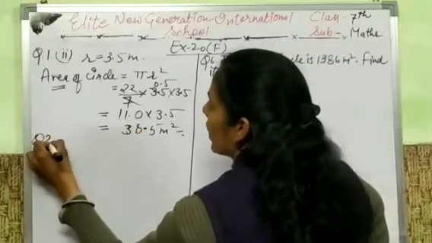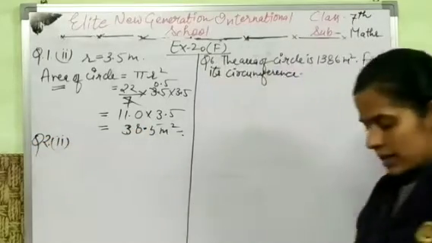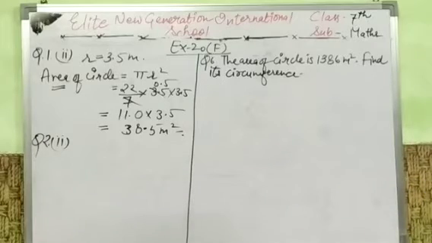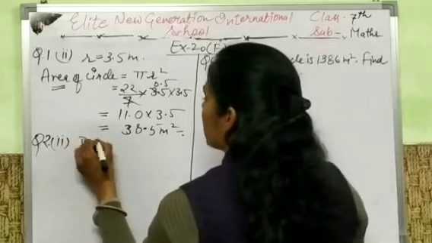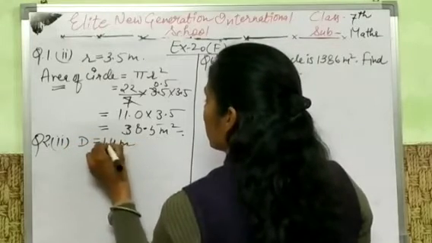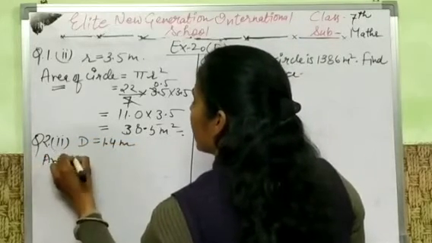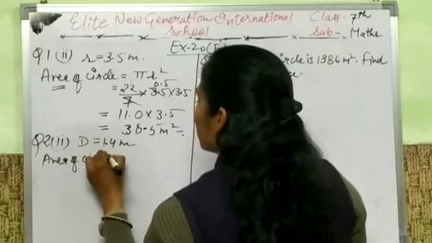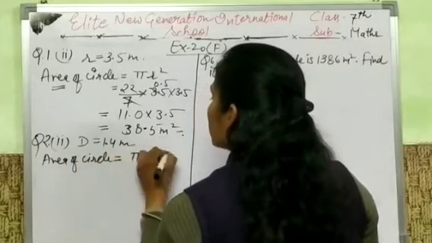Now let's solve question number 2, part second. In that question we have to again find the area of a circle, but diameter is given. So here diameter is 1.4 meter. Okay, so we have to find the area of circle, which is equal to pi r square.